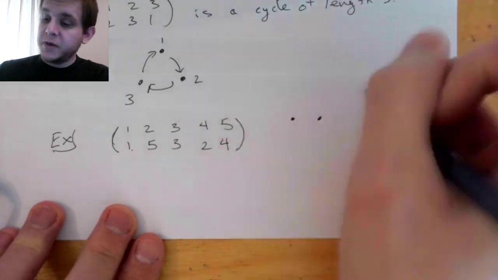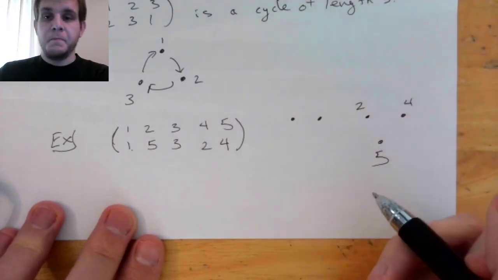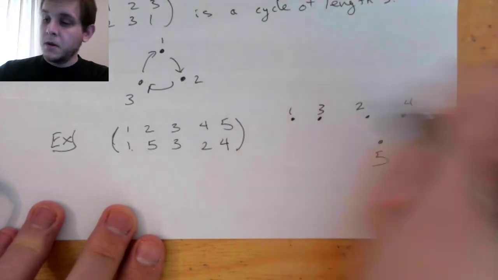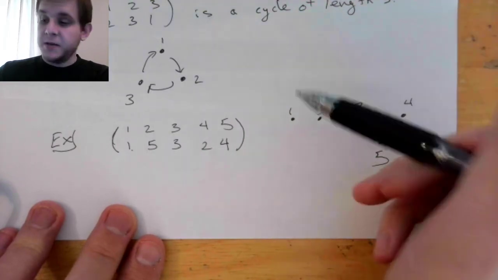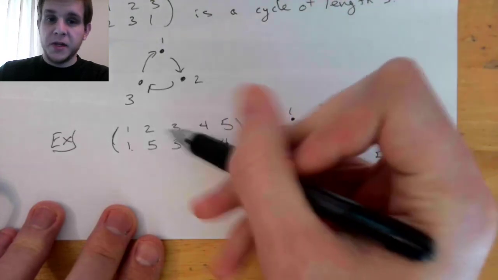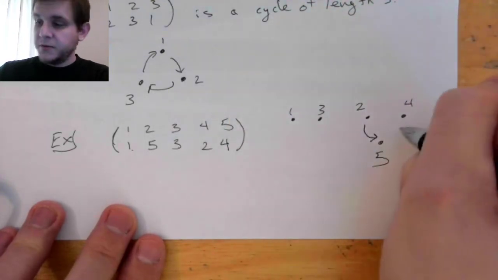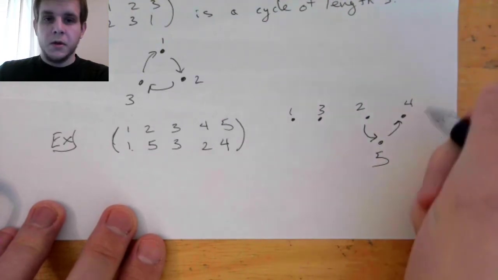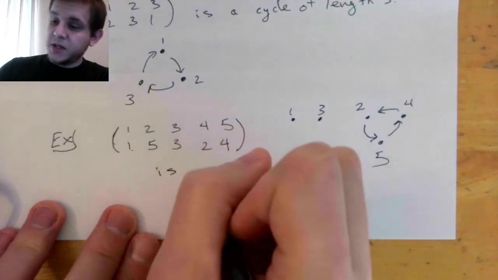And the things that are moved around here in a circle are 2, 4, and 5. The other key feature is that they don't need to be moved around in order. So in this case, 2 goes to 5, 5 goes to 4, and 4 goes to 2. So this is also a cycle of length 3.